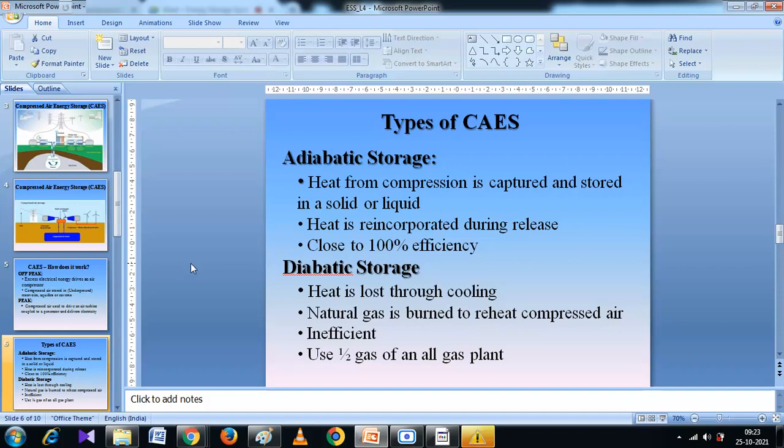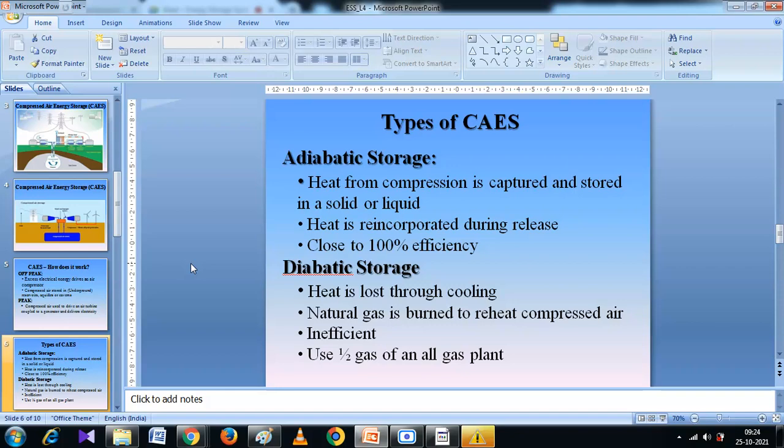And in case of diabatic storage system, the heat is lost through cooling, because the storage is underground, suppose an abandoned mine, and the surface of that abandoned mine absorbs some heat, so that when we extract the compressed air, we do not get the temperature, so we have to raise the temperature of that compressed air.